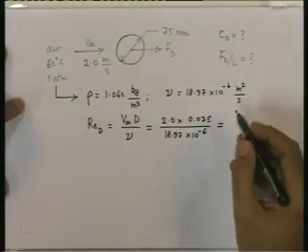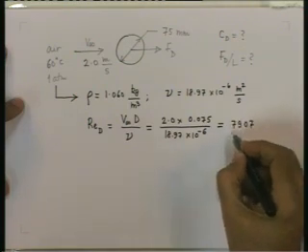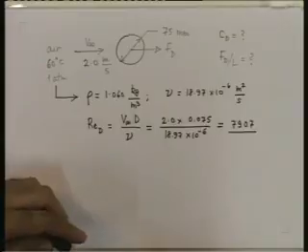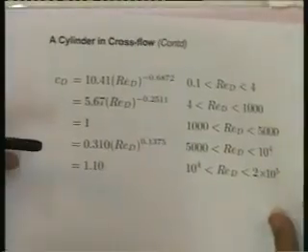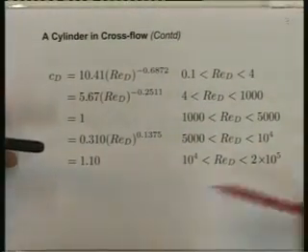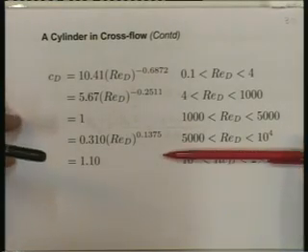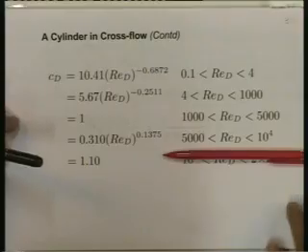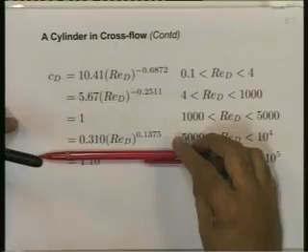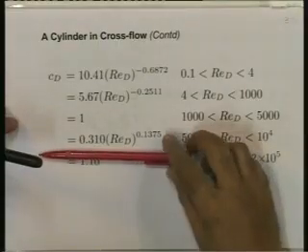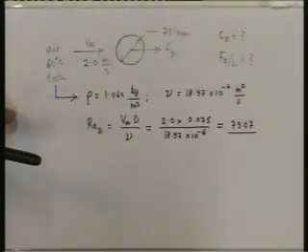This turns out to be 7907. So going back to our correlations, we find ourselves in this range, 5000 to 10,000. Ours is something near 8,000, and hence this is the correlation which is to be used for the drag force.